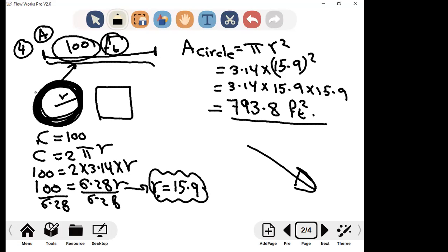The length of it is the distance around. How much? Same as this length, right? Which is what? 100. This is the circumference. From the circumference, I use the formula to find the radius. Once you found the radius, that's it. This is the circle.